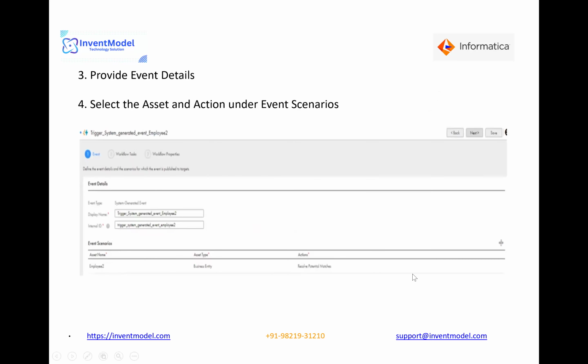Okay, then the third step is to provide event details. We need to provide the event details, and after that we can select the assets and action under event scenarios. Here you can see that we have provided the event details, and we are selecting the assets and actions under the event scenario.